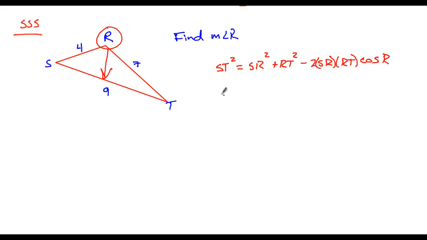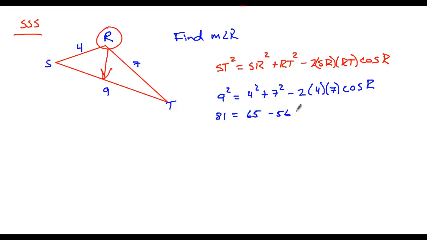I know that ST is 9, so 9 squared equals 4 squared plus 7 squared minus 2 times 4 times 7 cosine R, because I don't know R. So I know this is 81 is equal to, now 4 squared, 16, plus 7 squared, 49, is 65, minus 2 times 4 is 8, times 7 is 56, cosine R. So I want to solve this, and I want to find out what R is, so I need to say cosine R equals.